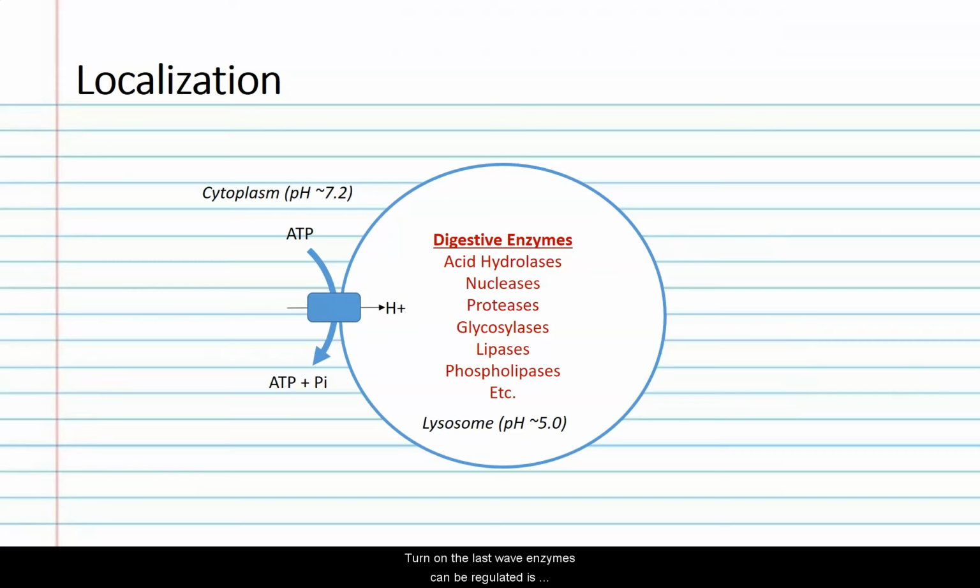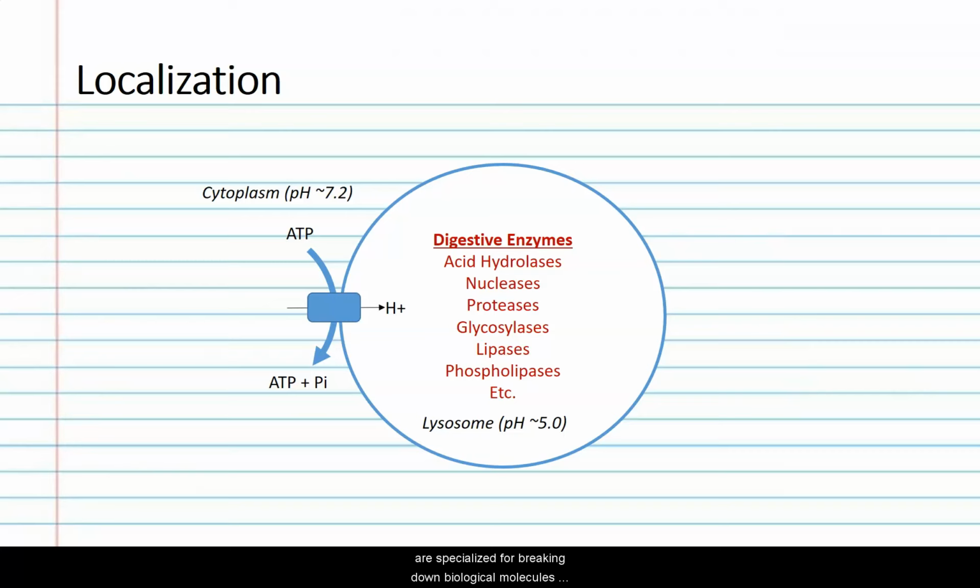And then the last way that enzymes can be regulated is through something called localization. And we've actually talked about this a little bit before. So remember your lysosomes? Your lysosomes are those digestive components of your cell, right? They're organelles that are specialized for breaking down biological molecules.